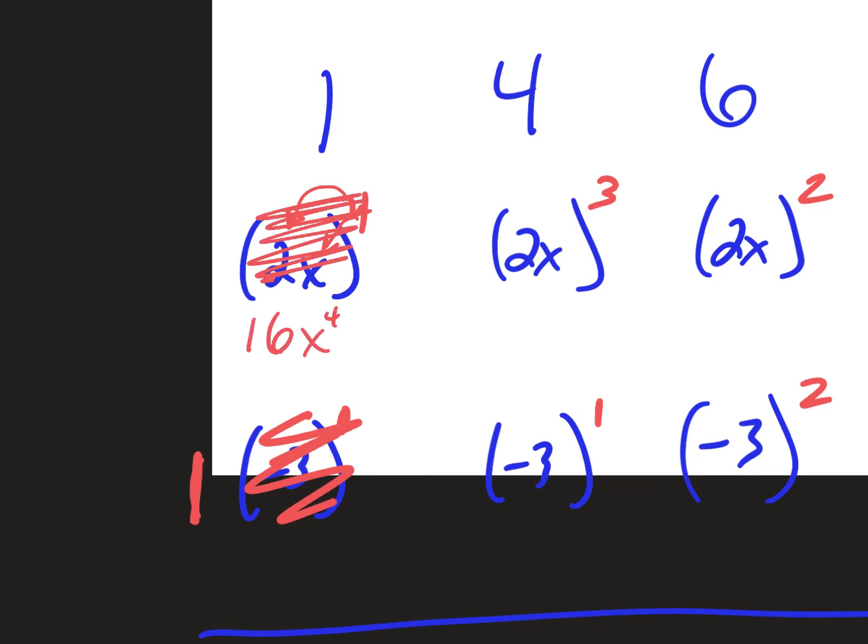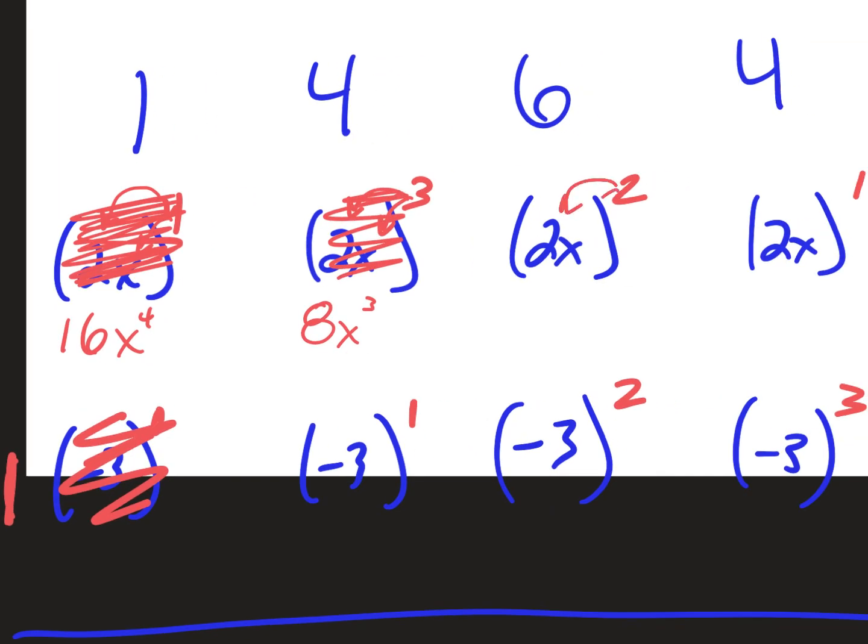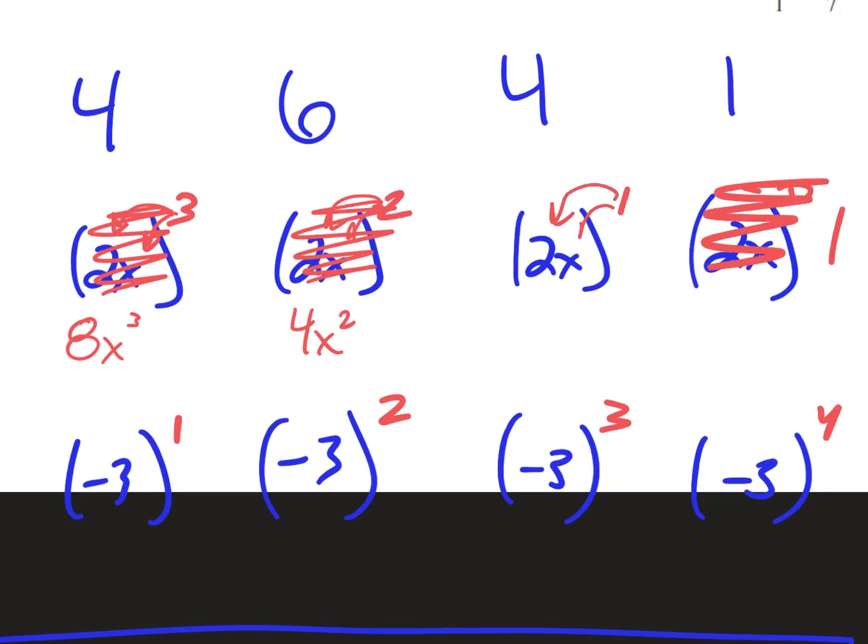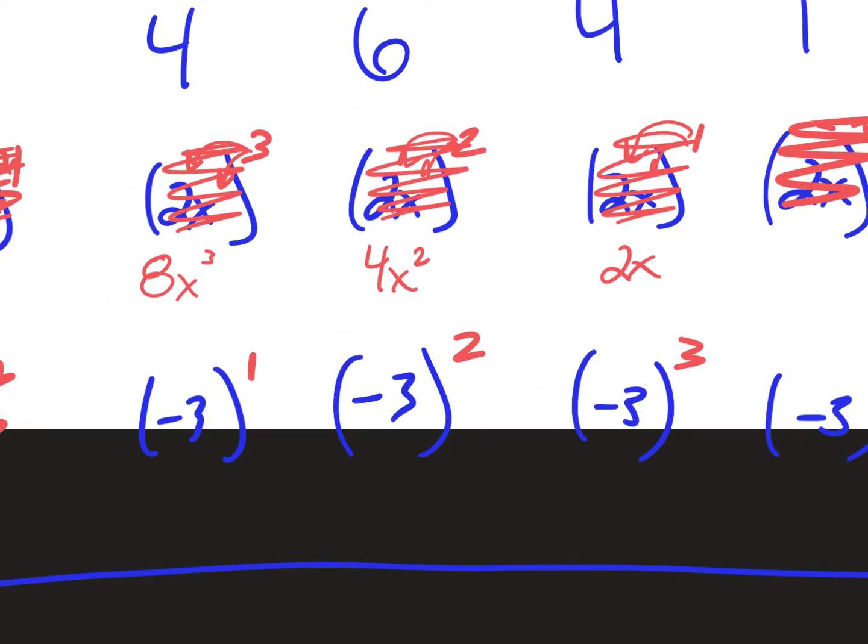Get all of this simplifying out of the way so you don't make silly mistakes. This 3 goes to the 2 and to the x. So this really is what? 8x cubed. 2 goes here and here, so this is really 4x squared, right? And then 1 goes here and here, so this is really 2x. Everybody with me? Okay.